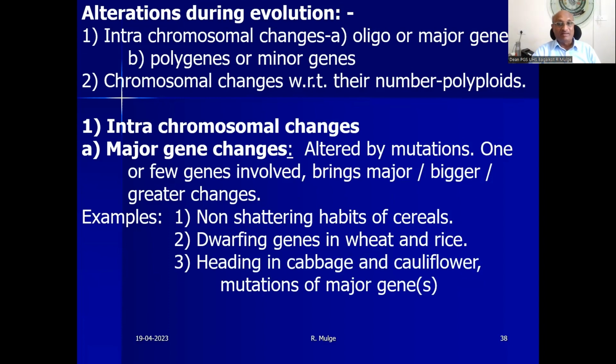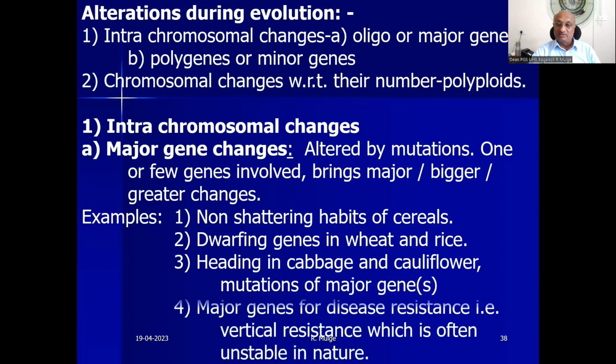Although they are not different species but botanical varieties, morphologically they are different. Cabbage is different from cauliflower, yet both are Brassica oleracea, only botanical varieties. But the big change is there. This is because of a single or a few gene changes, giving rise to totally different types of genotypes. You are terming them as different crops.